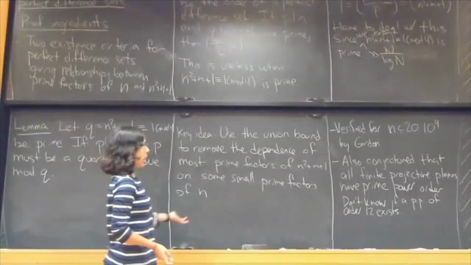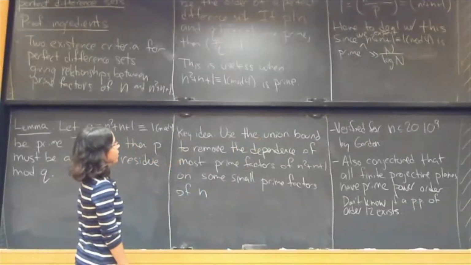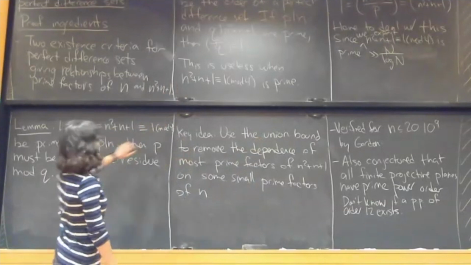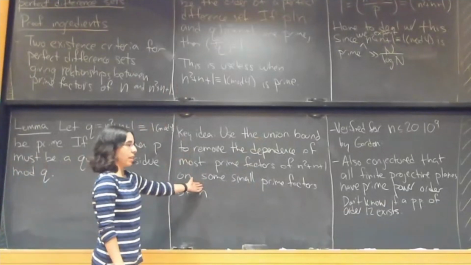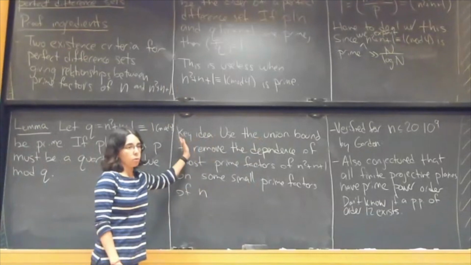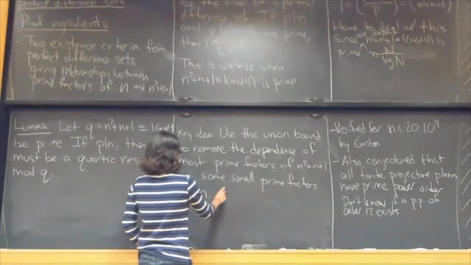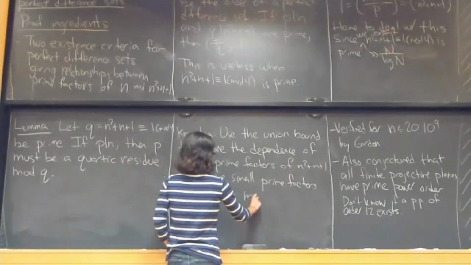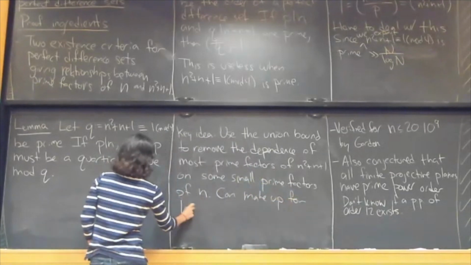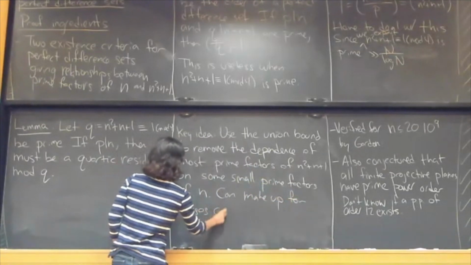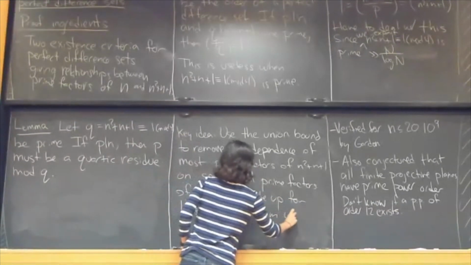You lose a little by doing this union bound, but the amount that you gain from the strength of that theorem and this lemma, combined with some sieving, more than makes up for the losses coming from the union bound.